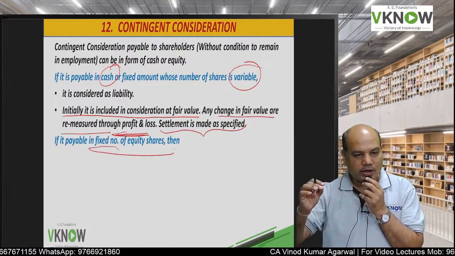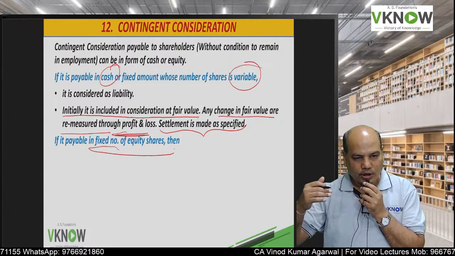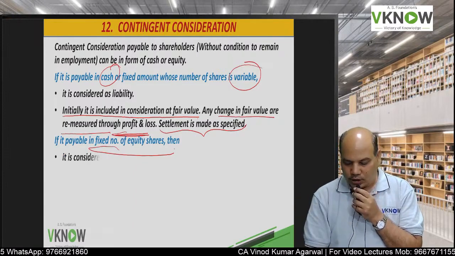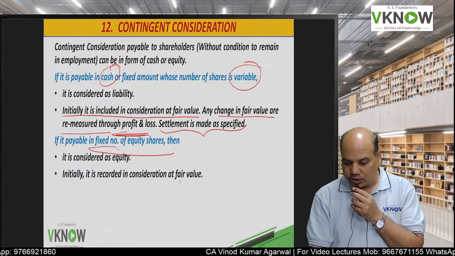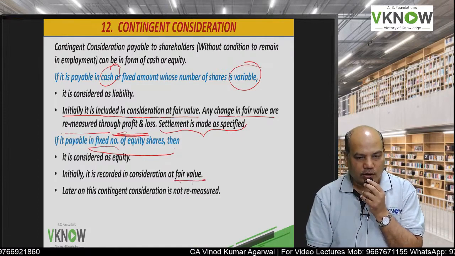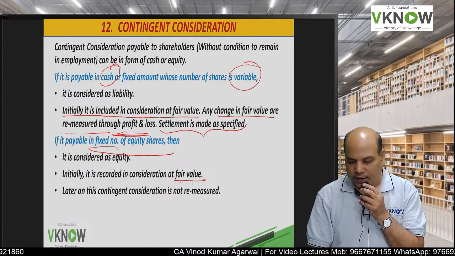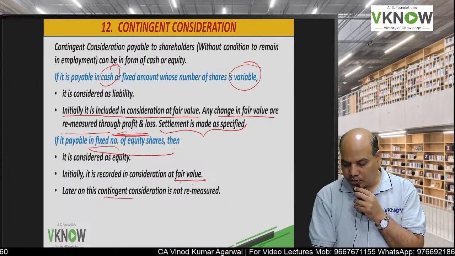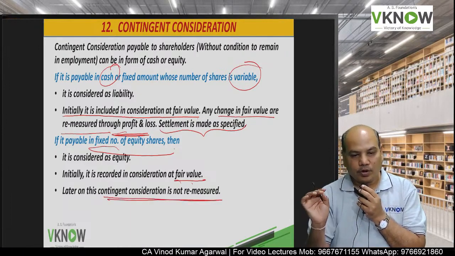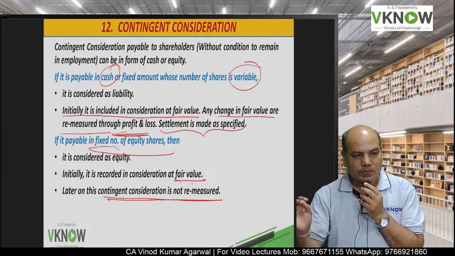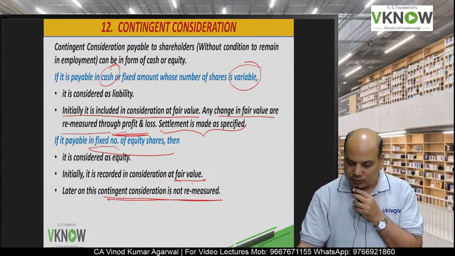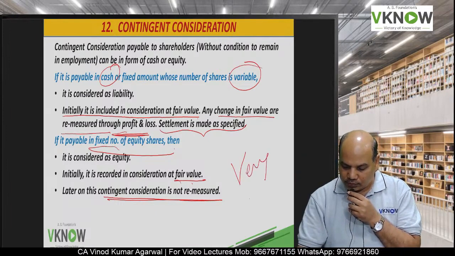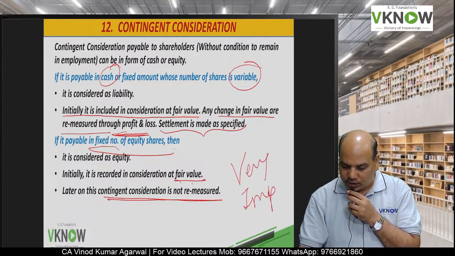So you have seen in Ind AS 32, if equity shares are issued in a fixed number, then we call it equity, initially recorded at fair value. But subsequently, if contingent consideration is payable in the form of a fixed number of equity shares, very important, it will not be remeasured.